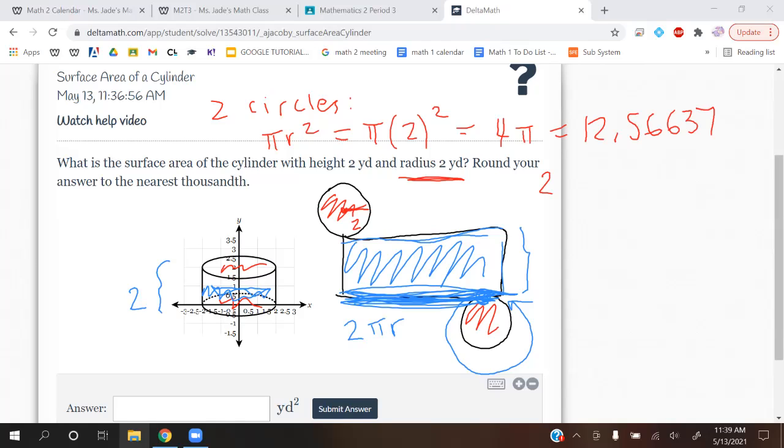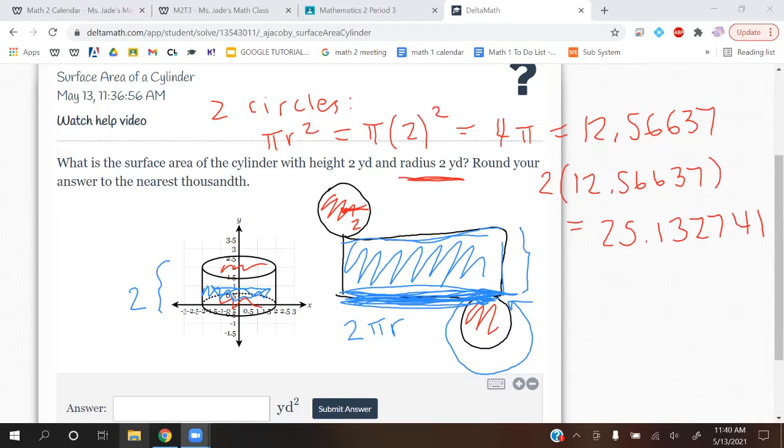So we're going to have to multiply this by 2. And I get 25.13274, and I'm just going to leave it like that for now. Okay, so these are our two circles. We haven't rounded it yet, but we'll round it at the end.